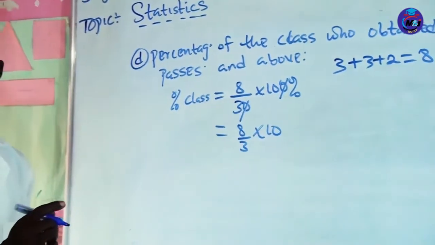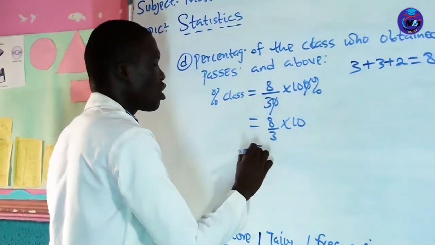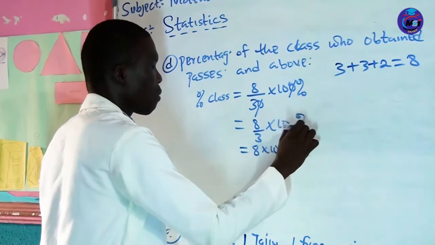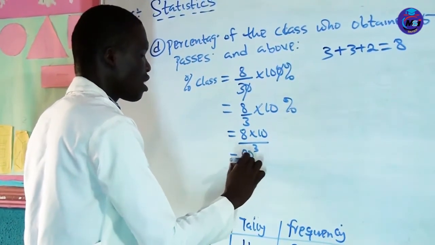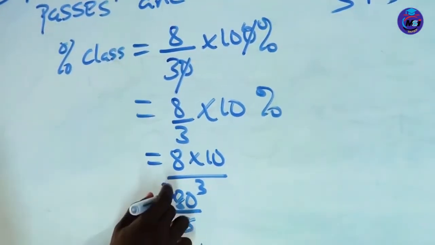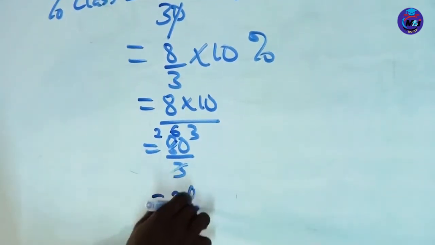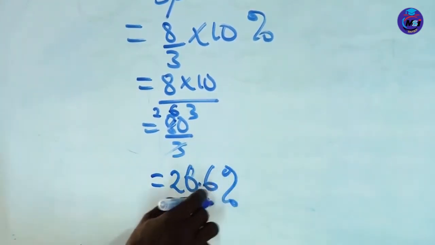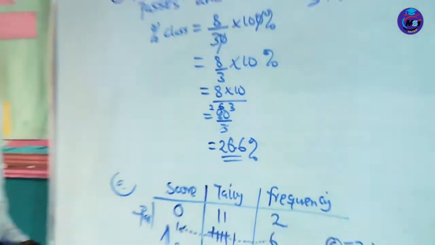So this will give us 8 times 10 divided by 3, which is 80 divided by 3. So our answer will be 26.6%.